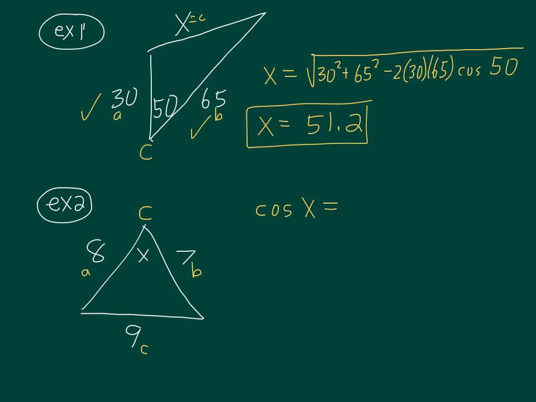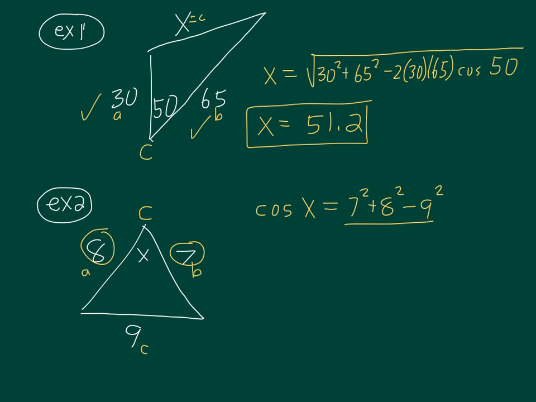If you look at your formula, it starts off a squared plus b squared. Whether you do 7 squared plus 8 squared or 8 squared plus 7 squared doesn't matter, because we're just adding. But you do have to make sure you are doing the a and the b first that you're adding, and then you're subtracting the side across from the angle you're trying to find. That's really important.